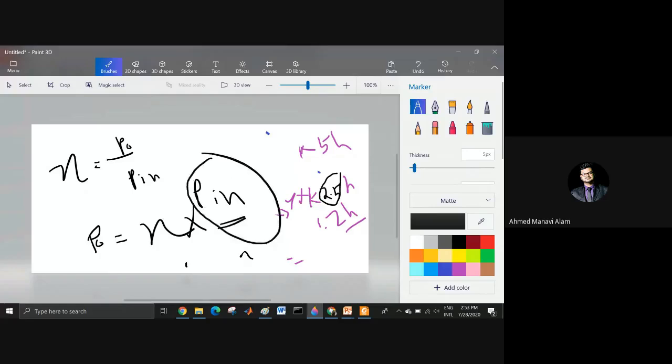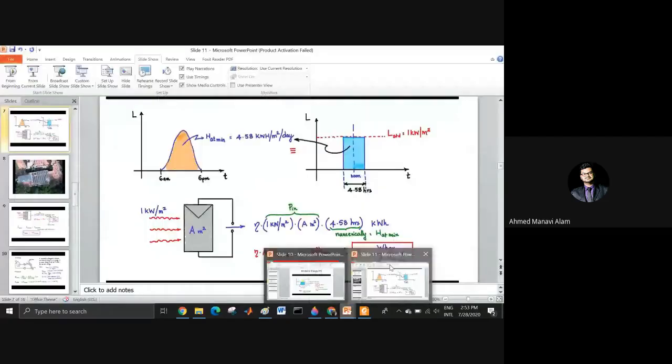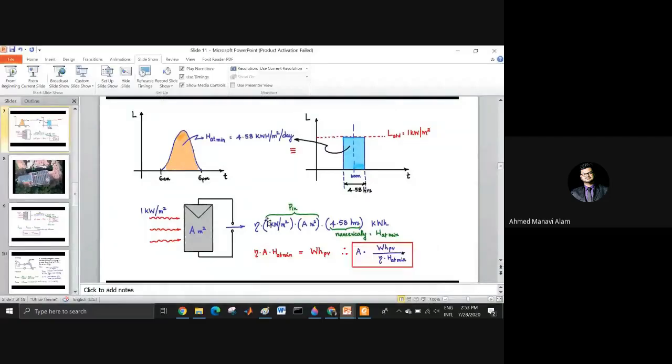How can I get this input power? This input power is given by the sun. So my input power will be the solar insolation into area, you remember, I into A. This is my P input.